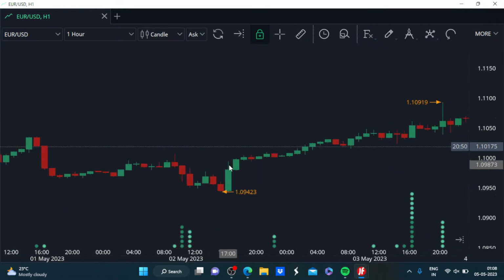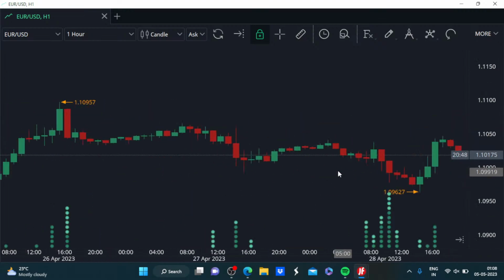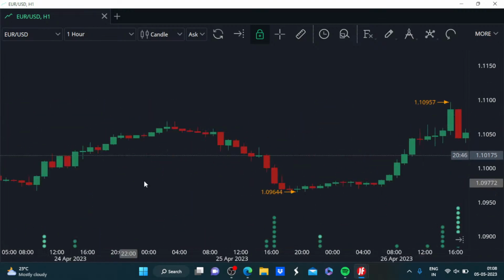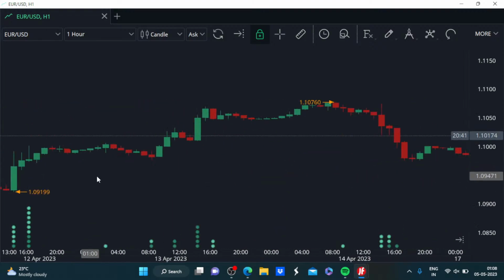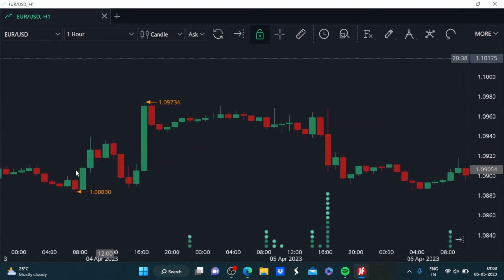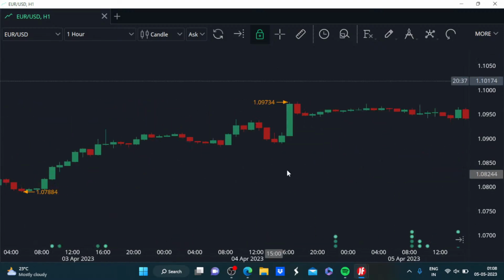Let us look for more examples of this pattern. This is a rare formation, so we might need to do a lot of searching for another example to be spotted on this chart.